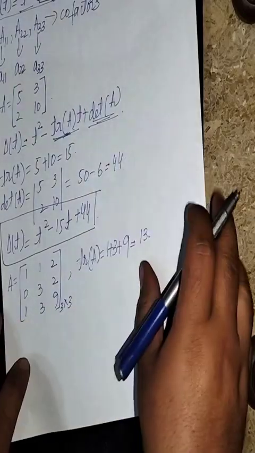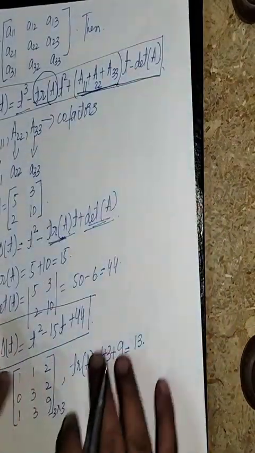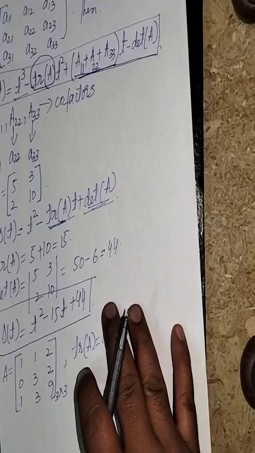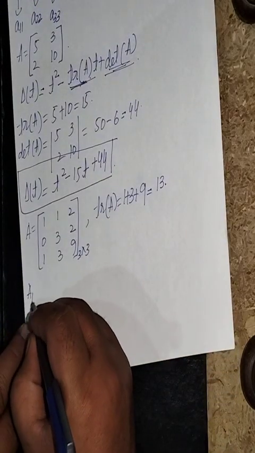Now you have to find these three cofactors: capital A11, capital A22, capital A33. So we now find capital A11.